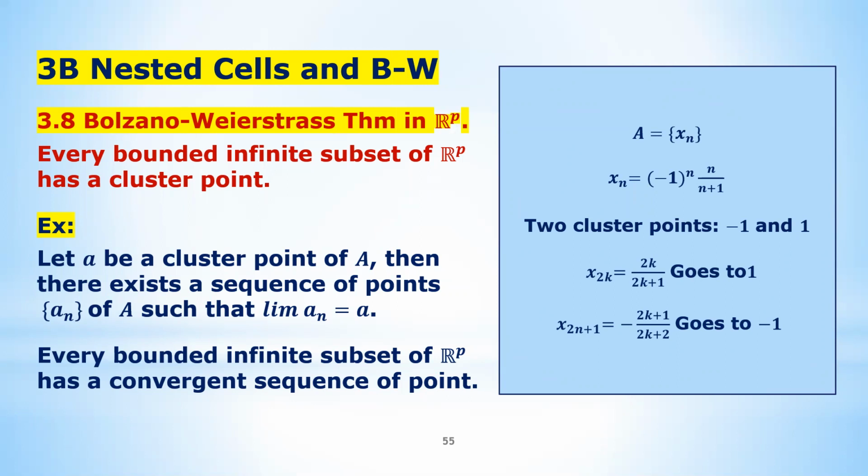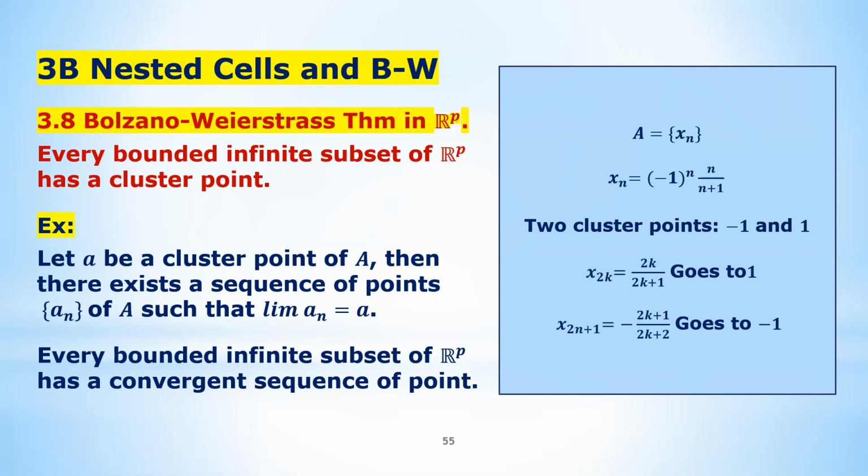So this is an important example showing that if I give you an infinite number of points, a subset, you should be able to identify the associated cluster points. And for each cluster point, you should be able to find a sequence approaching this cluster point.